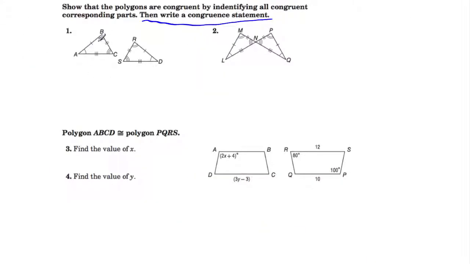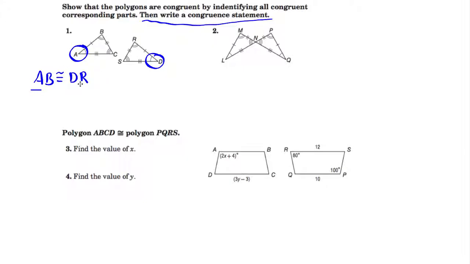So which parts are congruent? Well, if we look, this side has one tick mark, as does this side. So that means that AB is congruent to DR. Now actually the order here matters, because notice angle A and angle D both have one arc.